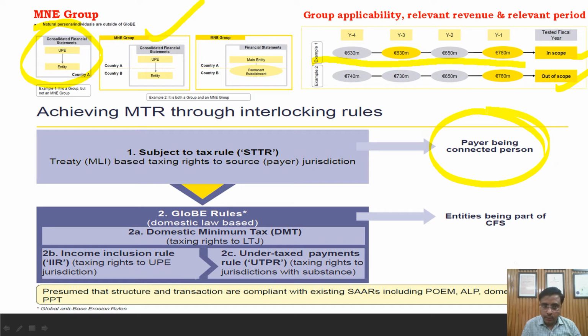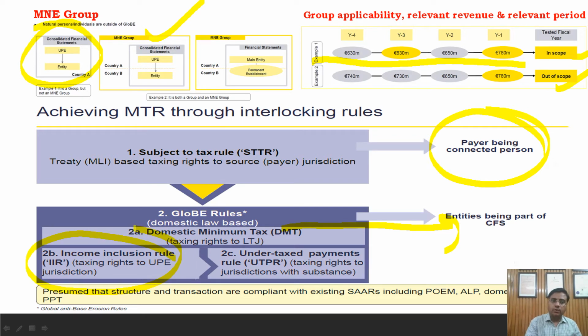So what is the global rule? The global rule says domestic-based taxation. As I said, for your subsidiary in Dubai or Singapore, they say domestic law should tax first. If the domestic minimum tax is not levied in that low-tax jurisdiction, then IRR comes into play.